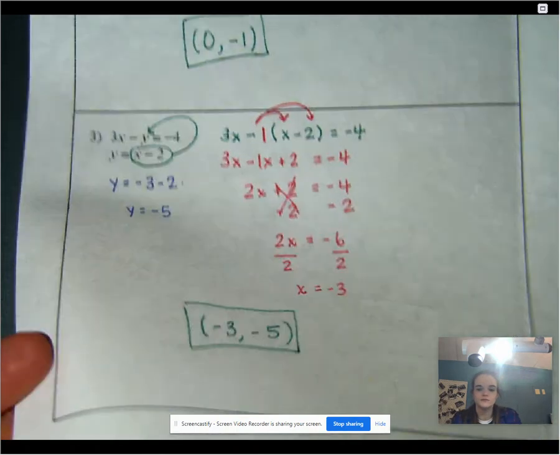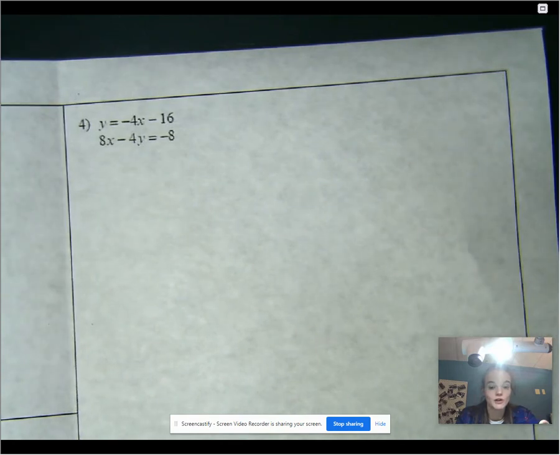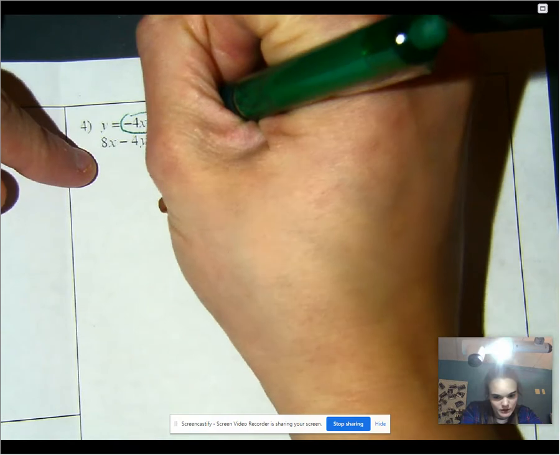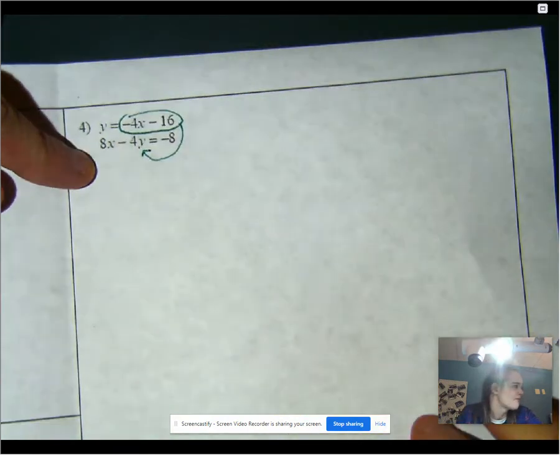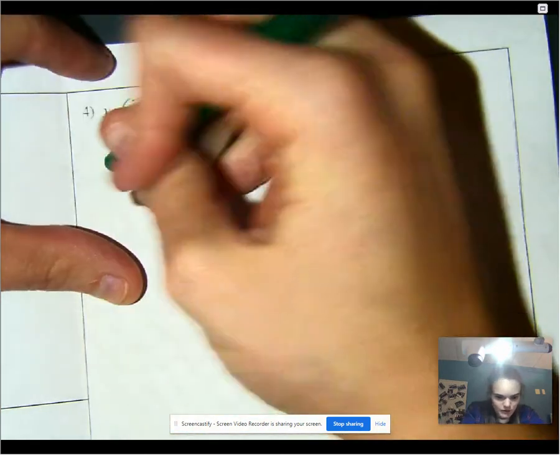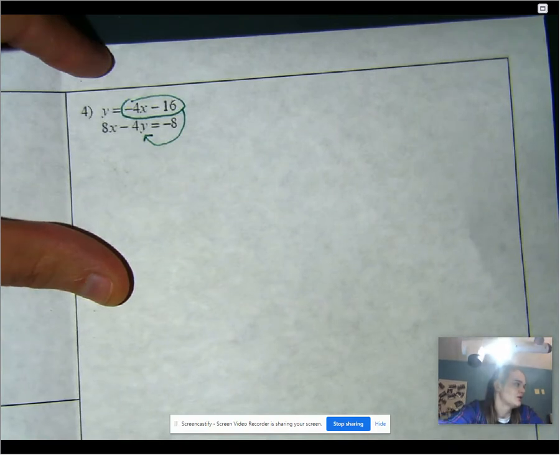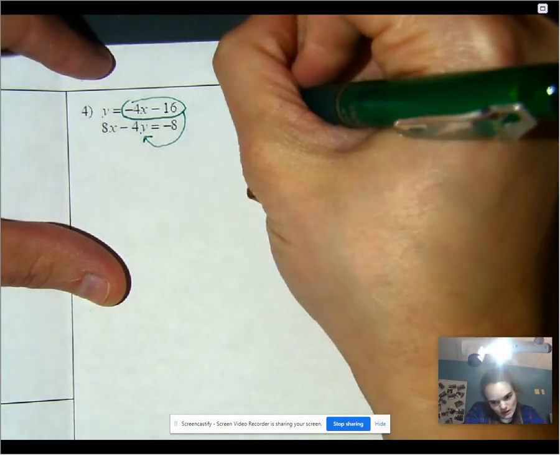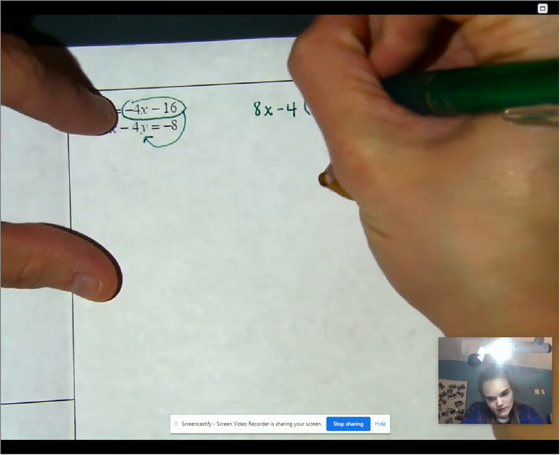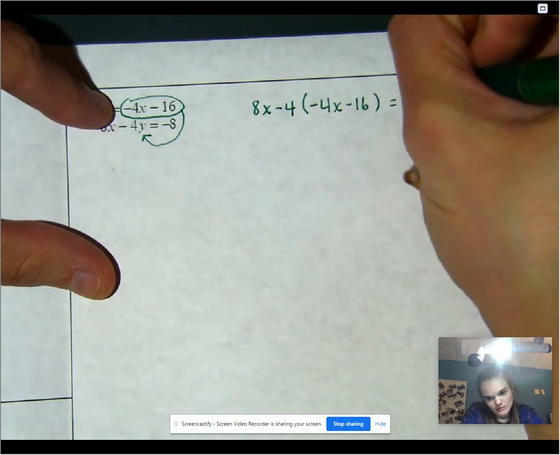Number 4. I hope you've paused the video and tried it. We're going to substitute this one in. I'm going to do it over here to the side. 8x minus 4, and then we're plugging in negative 4x minus 16 equals negative 8.